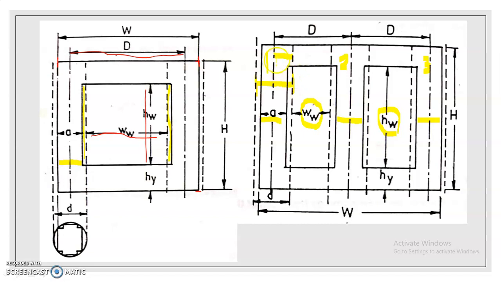This portion is D by 2, this part is the window width WW, and again this portion is D by 2. So D by 2 plus D by 2 is small d plus WW. Mathematically, capital D equals small d plus WW. Like that you can calculate all the dimensions, and by observing the diagram you can get clarity about the calculation of yoke and core dimensions.